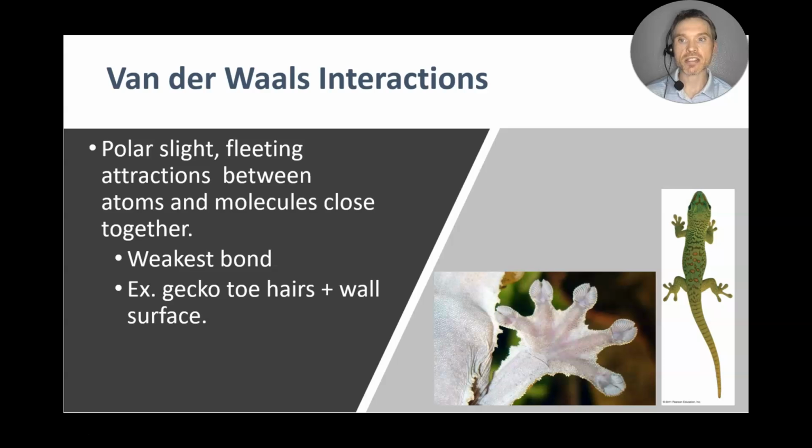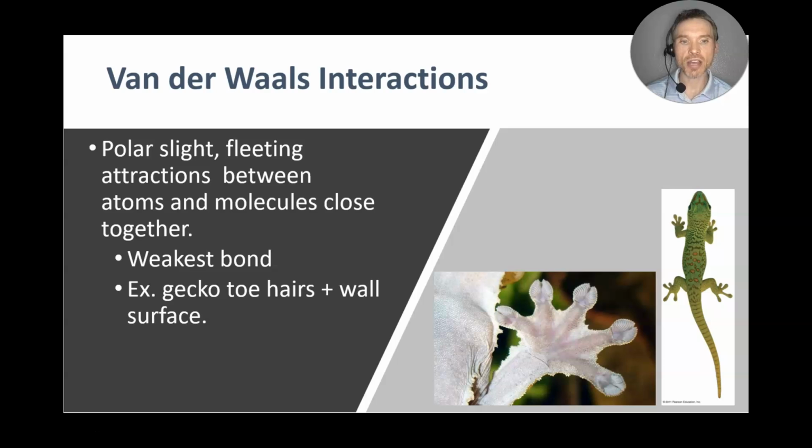We describe these as polar slight. This is a fleeting attraction between atoms and molecules that are close together. The example of a van der Waals interaction happens when you look at the hairs on the foot of a gecko. Interestingly, a gecko is able to crawl up a wall. And the reason for that is because of these van der Waals interactions.